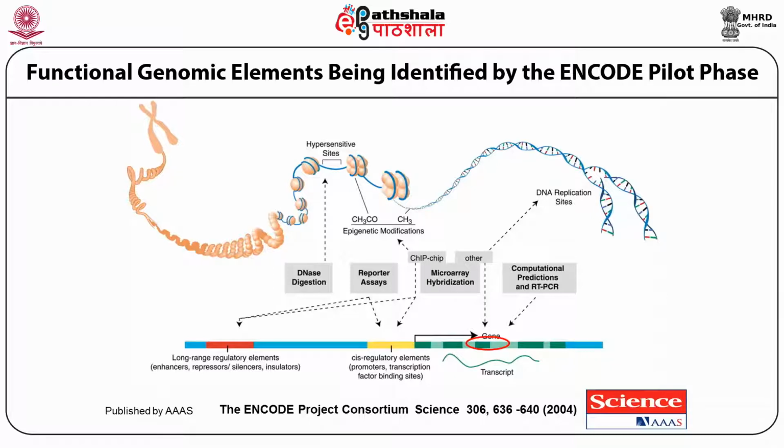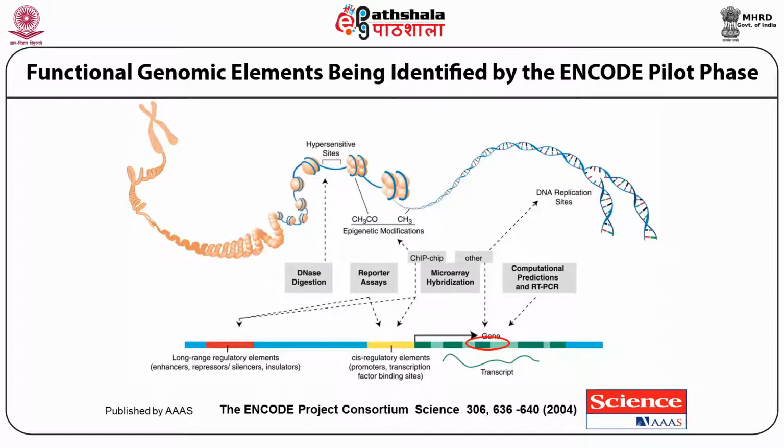These hypersensitive sites are very sensitive to DNA digestion. Then we can perform a reporter assay, for example if you want to know the gene regulatory elements present in a gene sequence. Then there are the DNA replication sites, especially the sites where the gene is located, what kind of transcript is formed, and the computational prediction of the genes, along with real-time PCR.